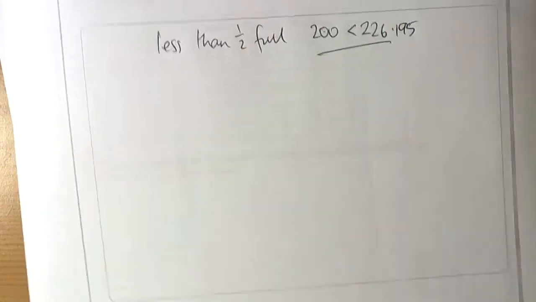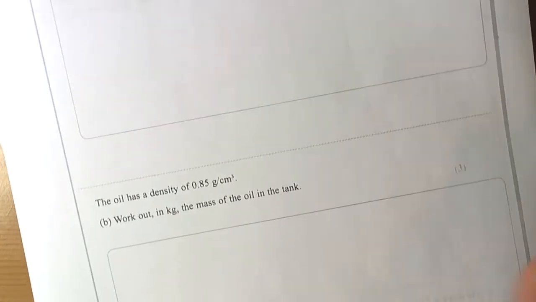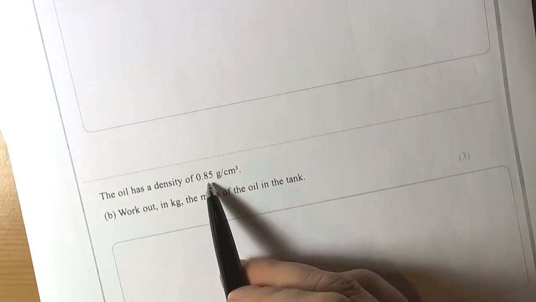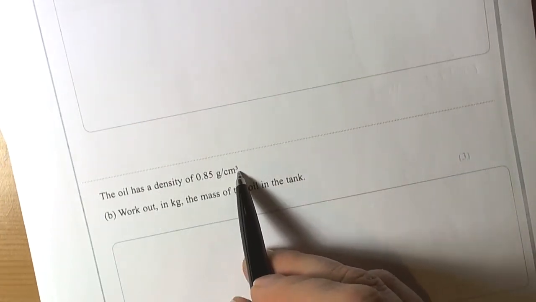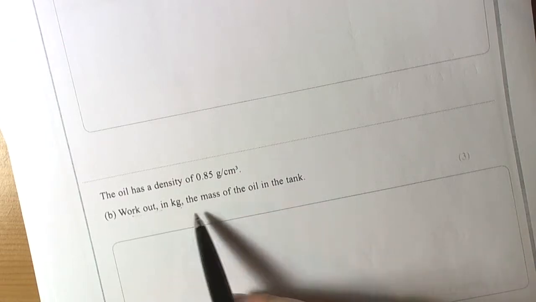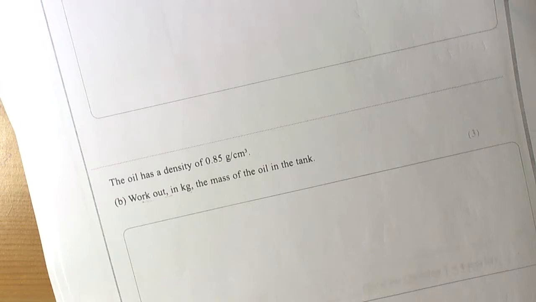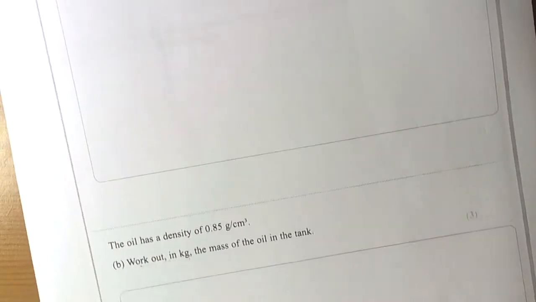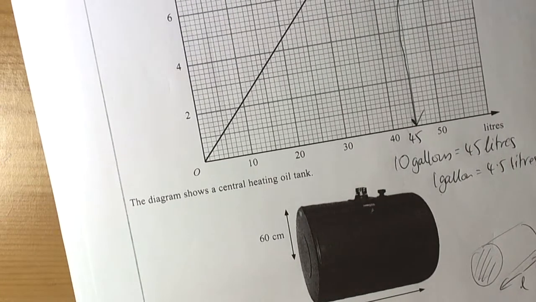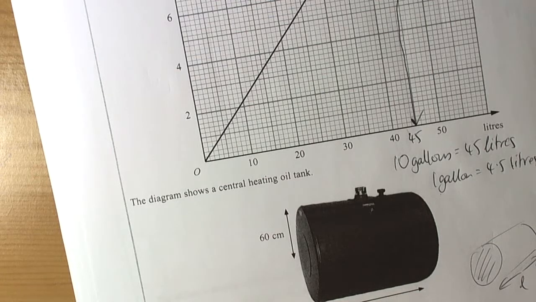The question goes on and it talks about the fact that the oil has a density of 0.85 grams per cubic centimetre. Work out in kilograms the mass of the oil. Well, the question says the oil tank contains 200 gallons of oil.